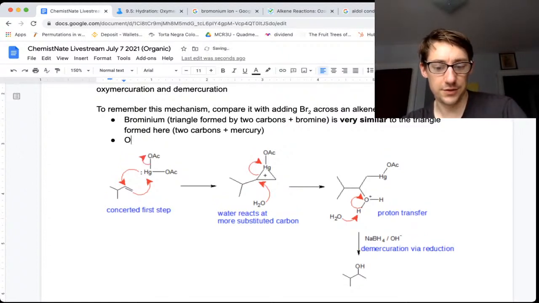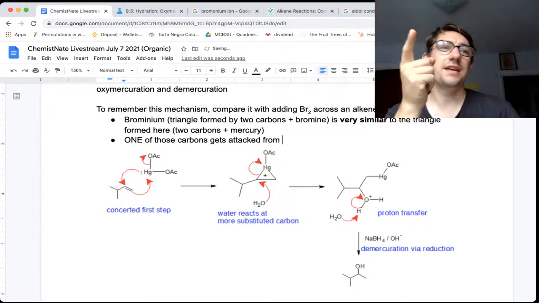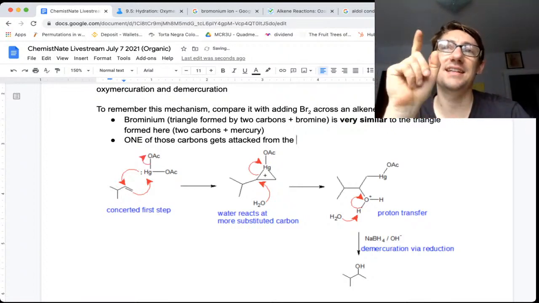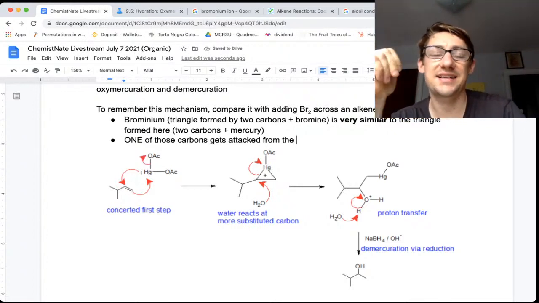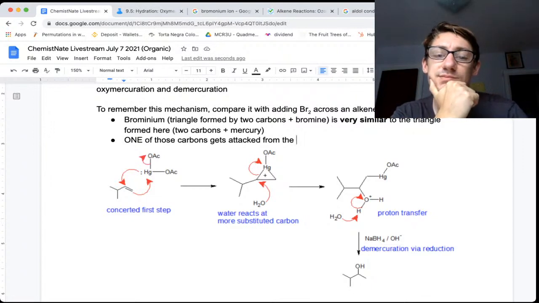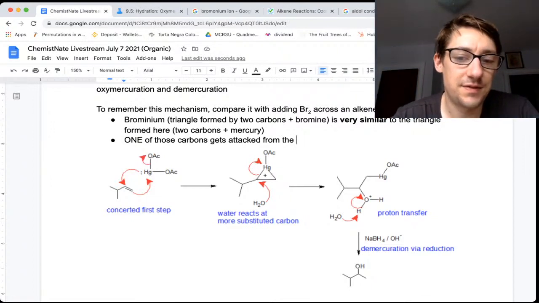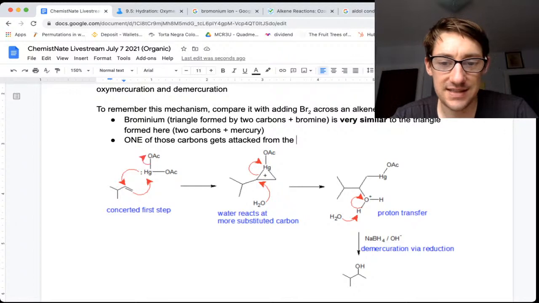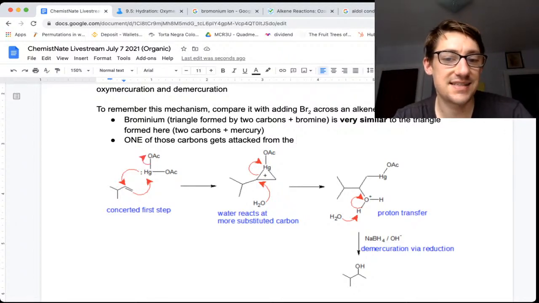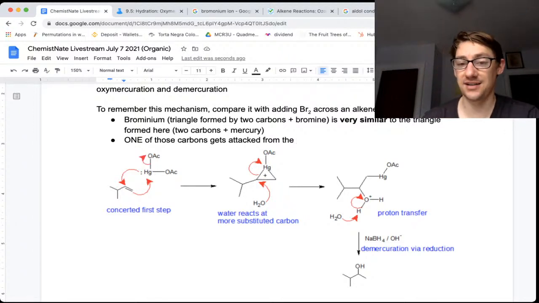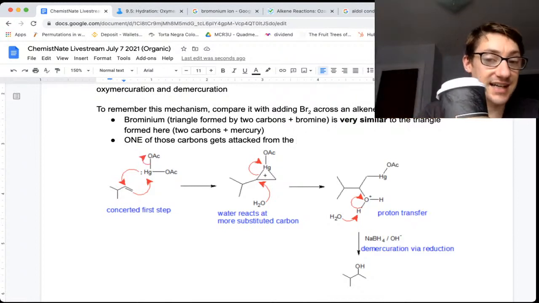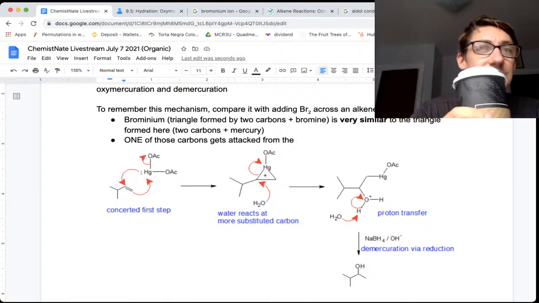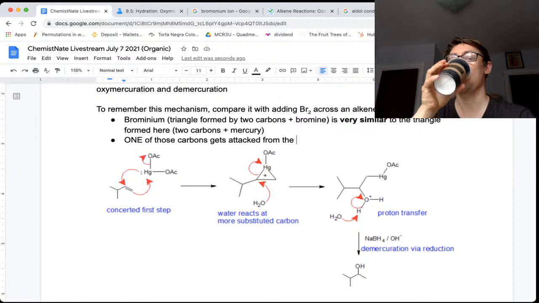One of those carbons gets attacked. And the other thing I kind of recall is that it attacks from the back side. Like, the water is attacking from the opposite side as the Hg is on, because it can't attack from the same side, that collision path is blocked.